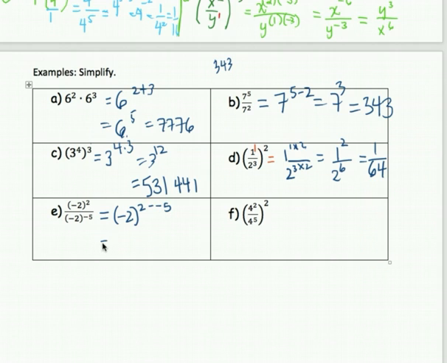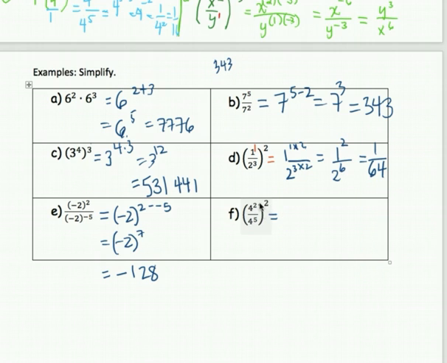Okay, and when you do that, you end up getting 7. See how it's going to be -2, 7 of them in a row. So you know you have an odd number of negatives, so it's going to be a negative answer. And then 2 to the 7 is 128.